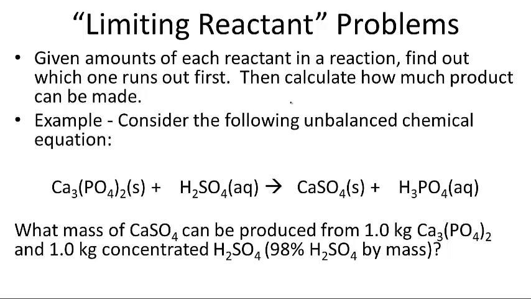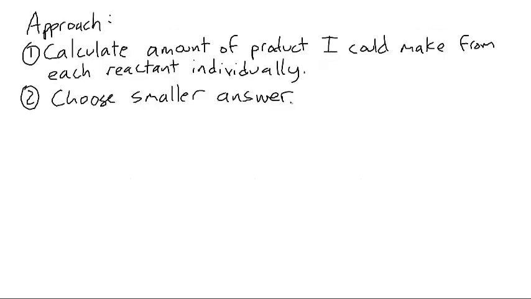I'll calculate the amount of product I can make from each one, and then choose the reactant that gives me the smallest amount of product. So my first given quantity would be 1 kilogram of calcium phosphate. So if I start with 1 kilogram, I'll make it 1,000 grams of calcium phosphate.